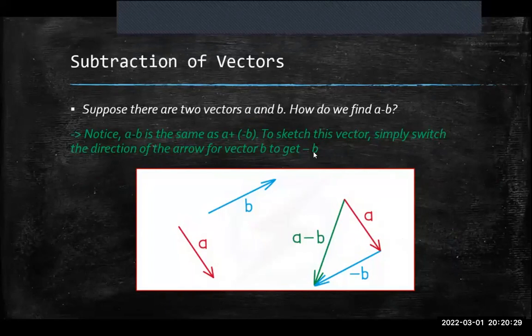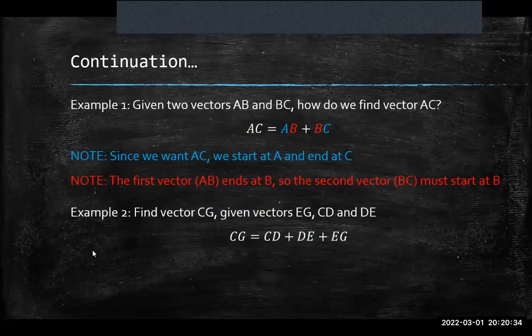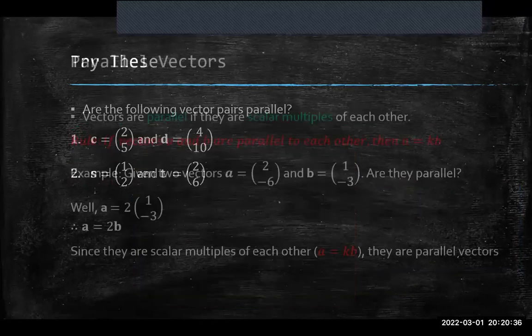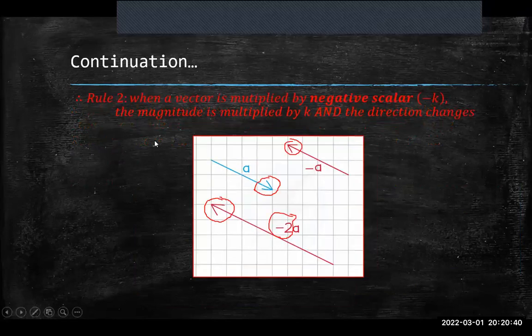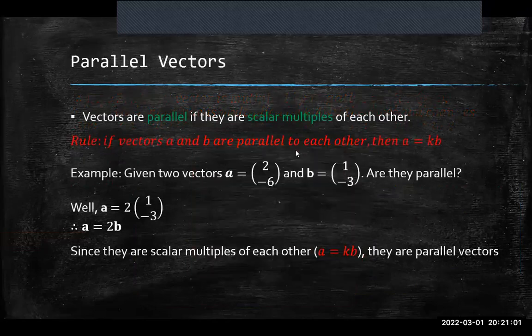So remember when we are doing scalar multiplication, let me go back. When we're doing scalar multiplication, I said when there's a negative sign, the direction of the arrowhead changes, right? So in this case, it was pointing this way, but because it's -2 and because it's -a, the direction of the arrowhead changes, right? It's the opposite direction.